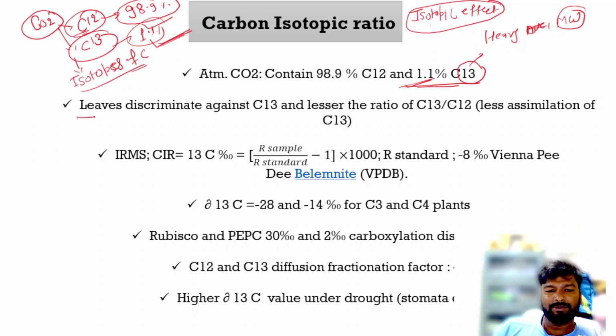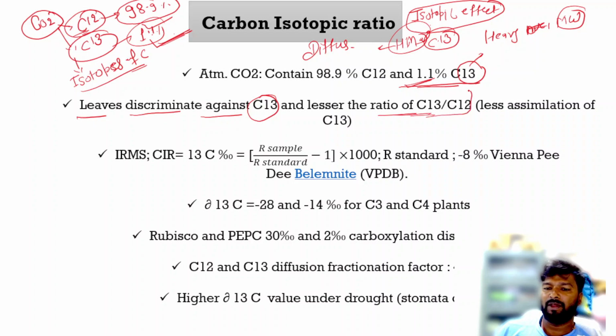Also, leaves discriminate against the C13, because this C13 has a high molecular weight, so its diffusion is also very low, so it reduces the ratio of C13.